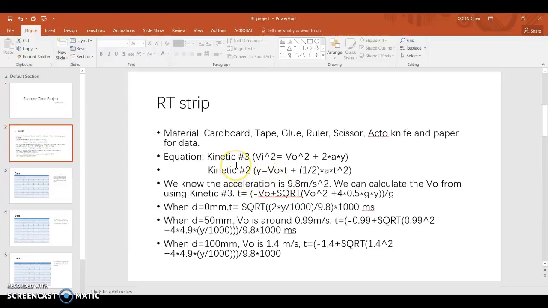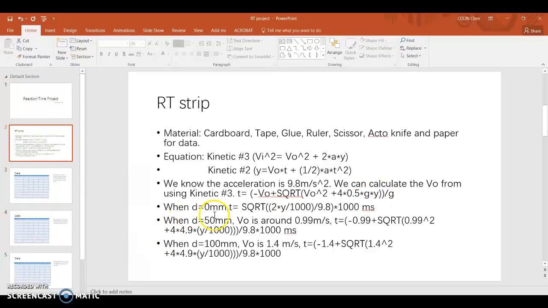From kinematic equation number 3, I can get V0, and then I can get the reaction time from number 2. And here's the transformation of the reaction time formula.